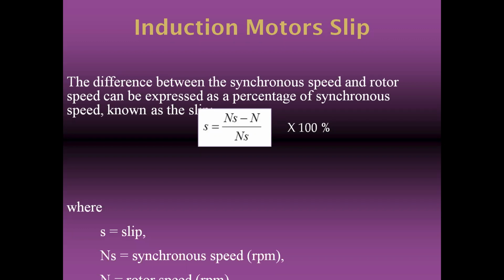Therefore, the difference between the synchronous and actual rotor speed is expressed as a percentage of synchronous speed: (ns minus n) by ns. That is called the slip or percentage slip, okay?